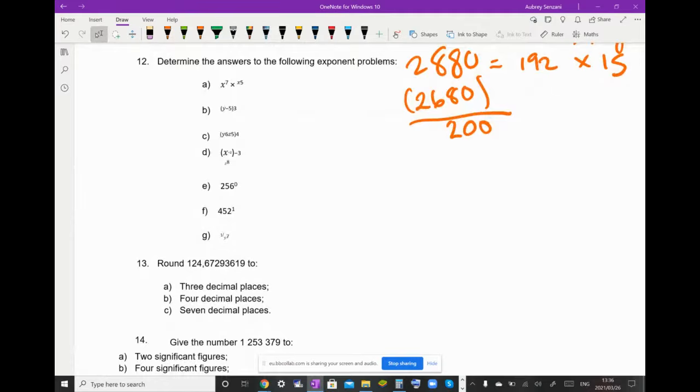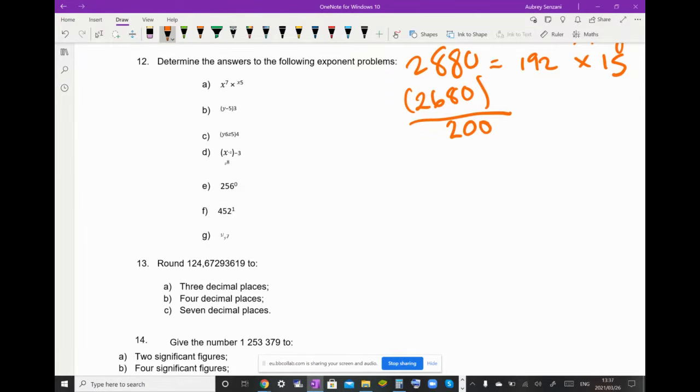Then on question 12, we have: determine the answer to the following exponent problems. Somebody tell me, you guys went and did this.